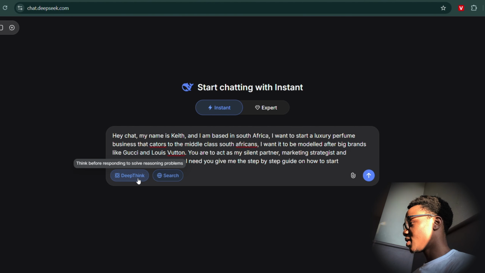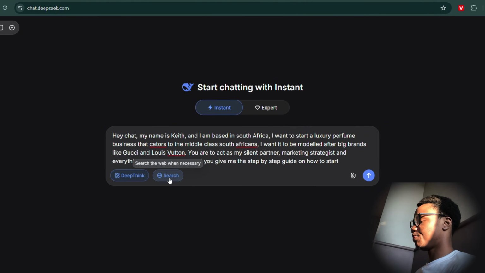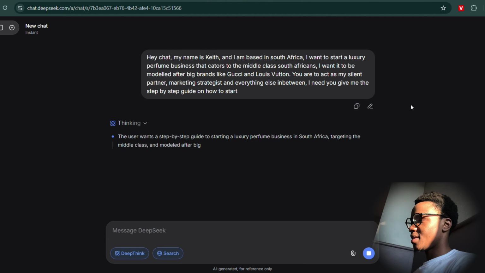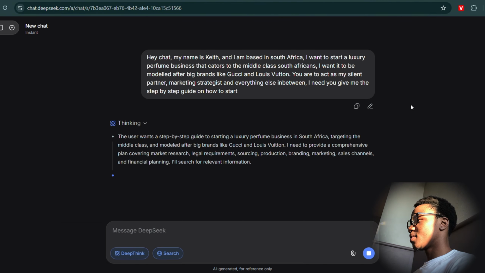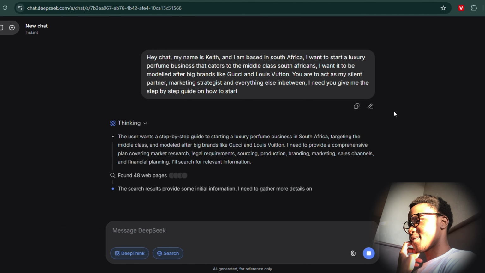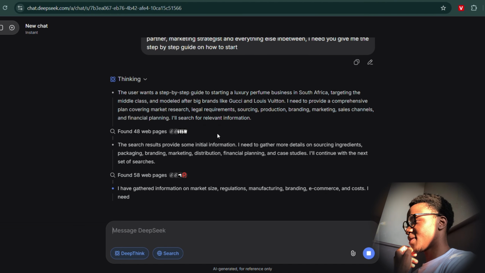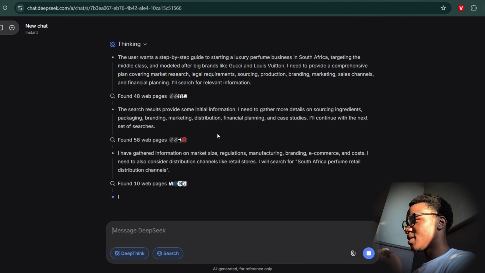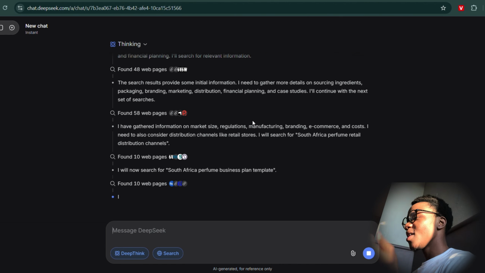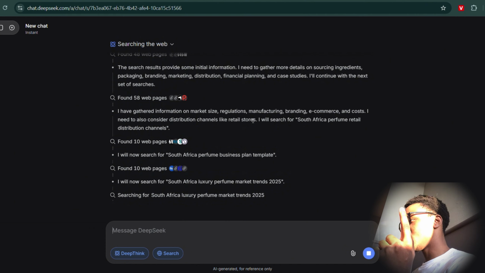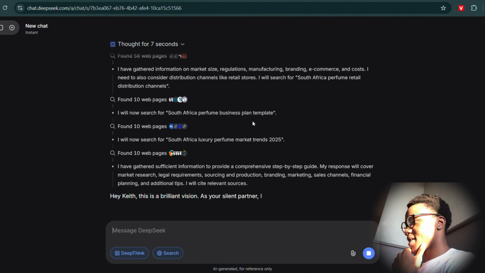Deep think. Boom. Okay, it's thinking. I don't know how this one actually works, so let's just wait. I don't know if it's giving me the things or it's still searching. It's found 10 pages. Oh, okay.